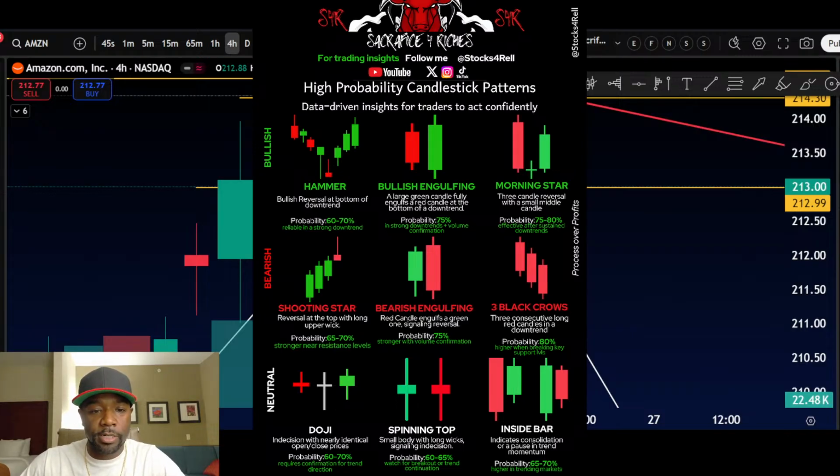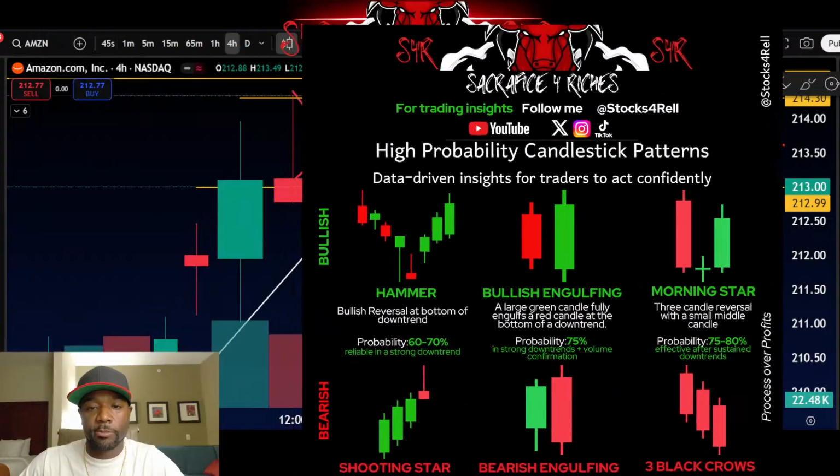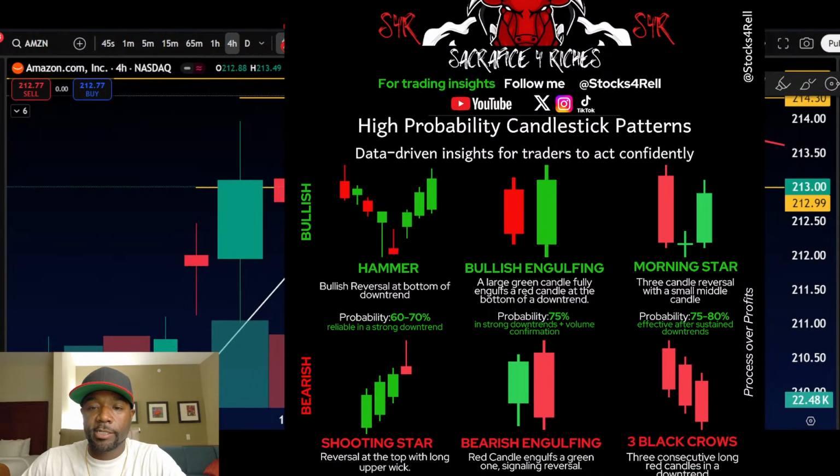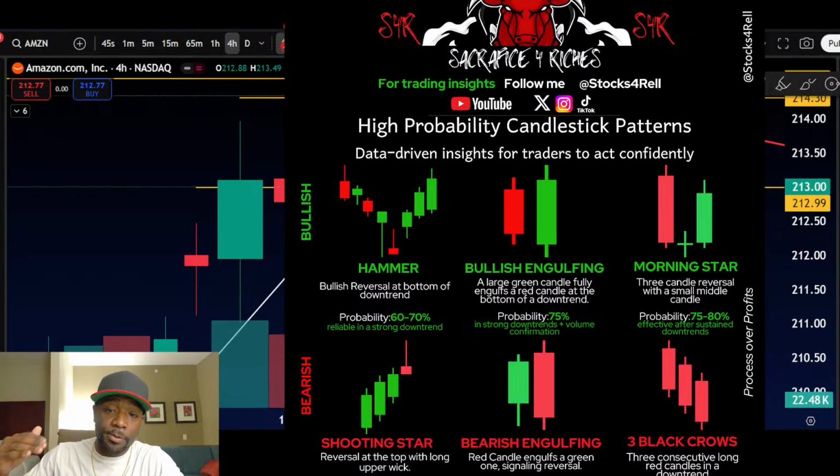So let me zoom in on a piece of this so you can understand what I'm talking about. For example, the morning star is a good example on the bullish line, the very top, very far right candle. The morning star is a 3 candle reversal with a small middle candle, so it's a doji. Typically, you see this at the bottom of a downtrend or a pullback, and then you see a big green candle follow it, which typically is the start of a demand imbalance.